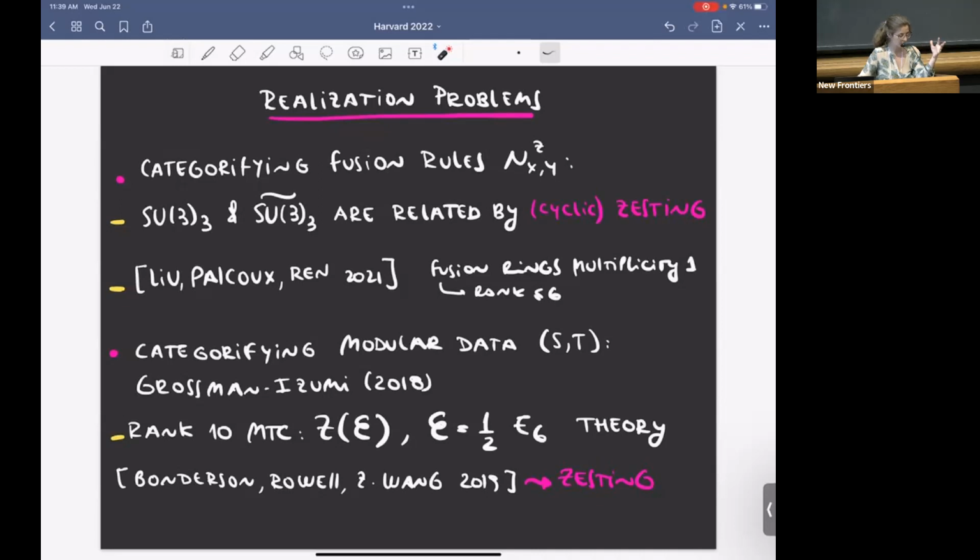The 16 pairs of modular data were recovered using zesting, applying it to the center of the half of the E6 theory. And this, if I'm remembering correctly, actually uses the same construction that I was telling you about for the supermodular setting, this idea of the orbit. So they recovered it using zesting of this and also the conjugate of this.